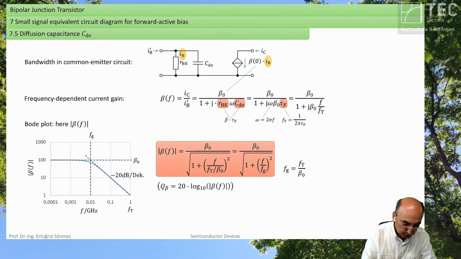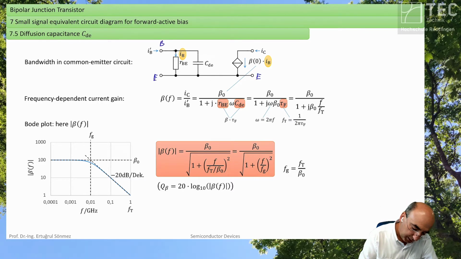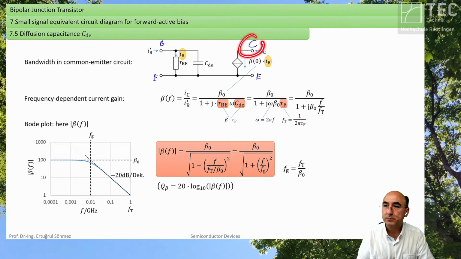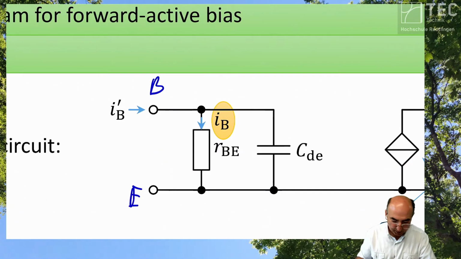Now, bandwidth in common emitter configuration. In common emitter configuration, the emitter is kept constant, your base is manipulated, and your collector is sensed. Okay, now the same game here.